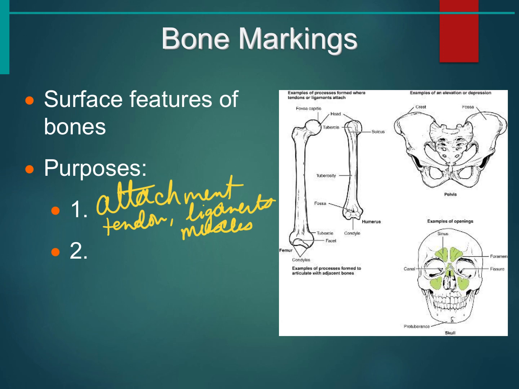Another reason that there are markings on the bone are that we need blood vessels and nerves to be able to move all throughout the body, right? And so there are also places where blood vessels and nerves run.